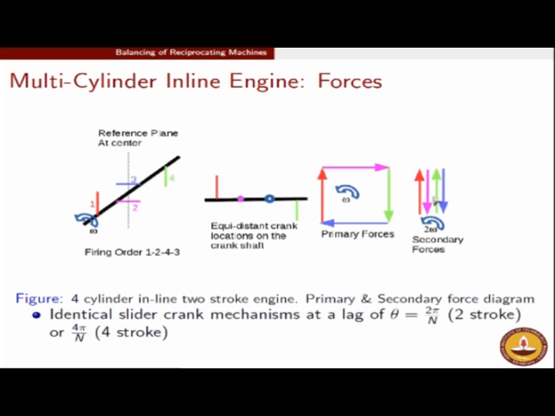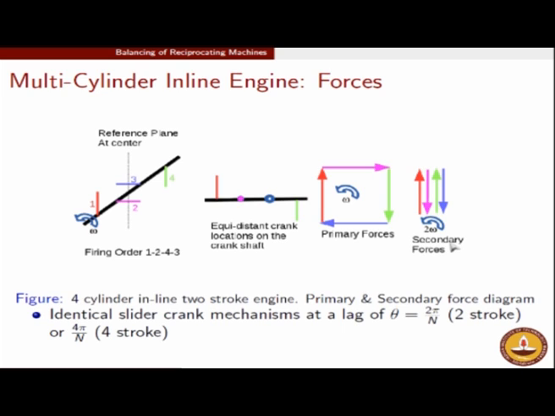Again, since all of these forces are equal in magnitude, the red is getting cancelled by the magenta, the green is getting cancelled by the blue, and therefore the secondary force is also getting cancelled. So here we have a situation where naturally you do not have to invoke Lanchester balancing.